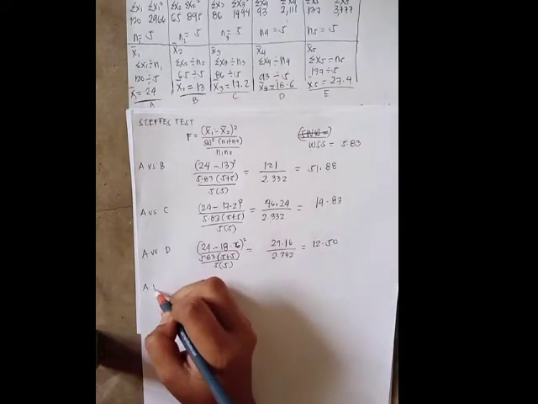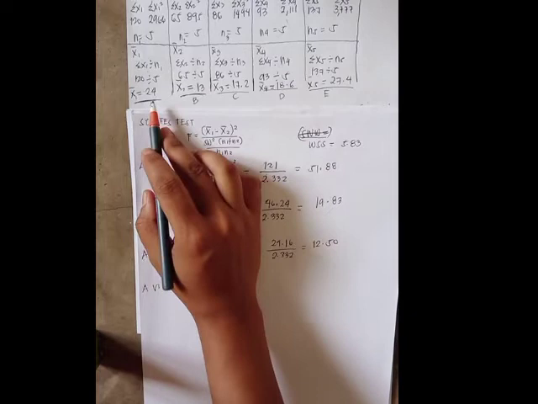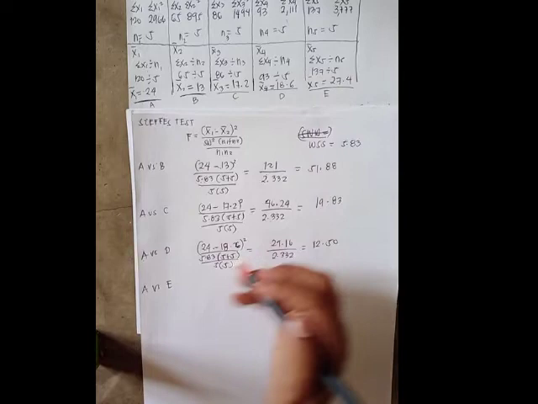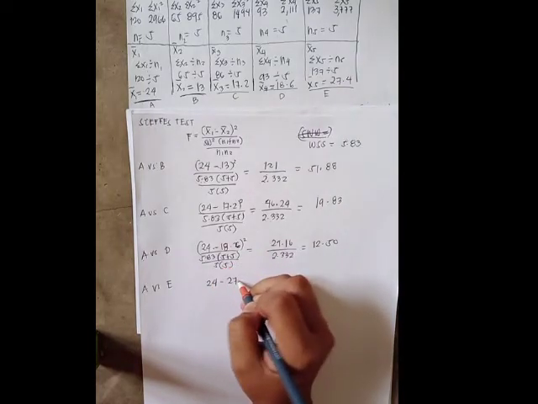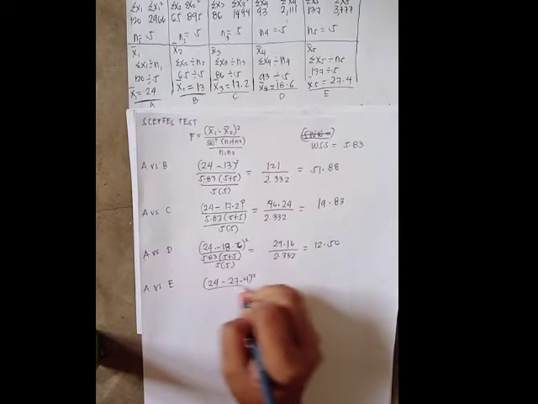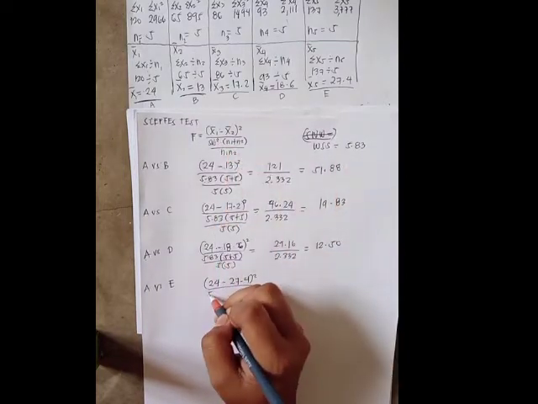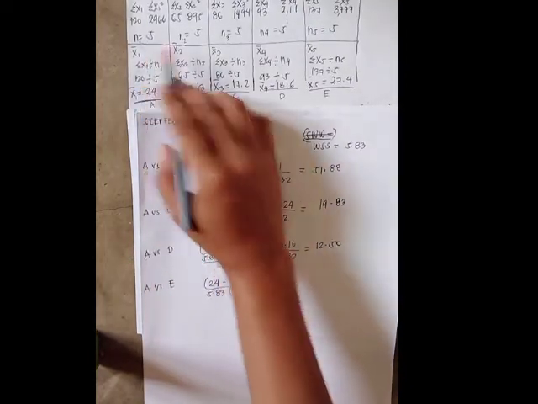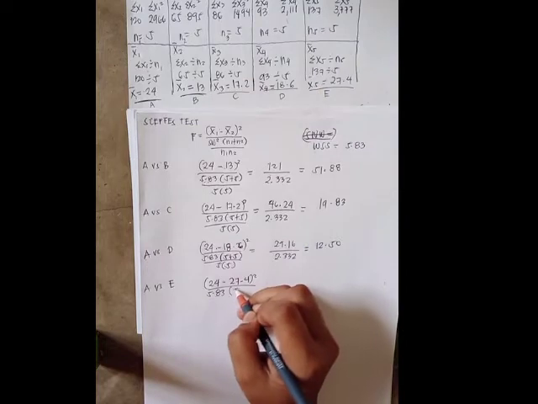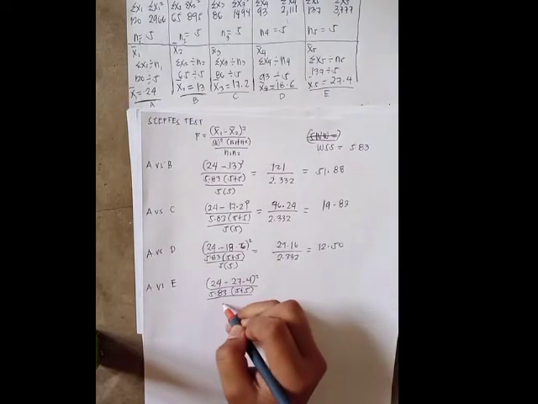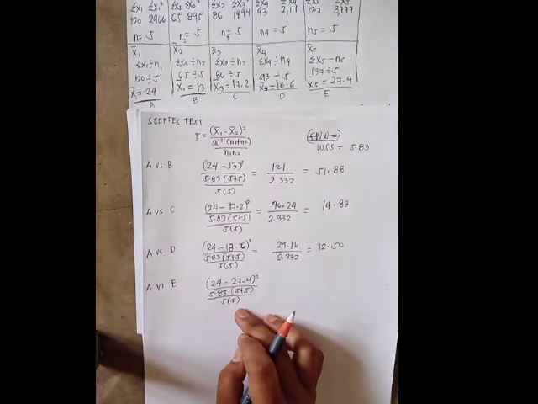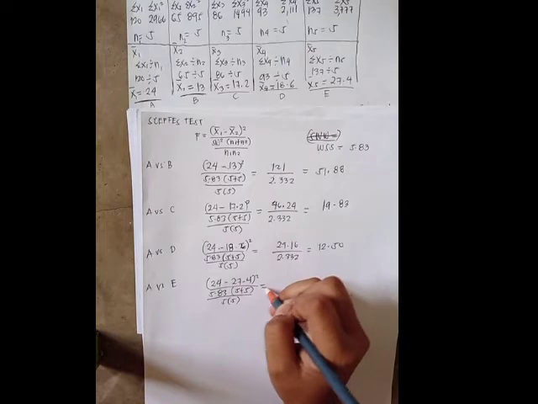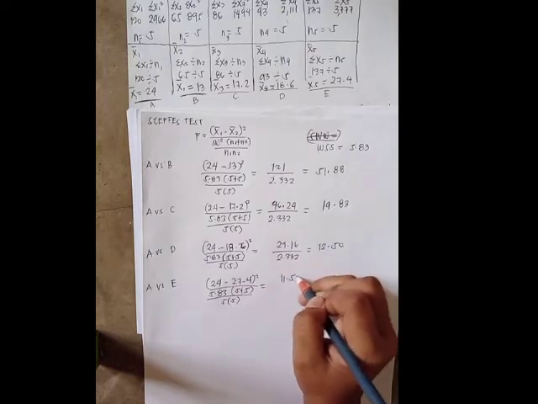So A versus E. Our A mean is 24, our E mean is 27.4. So 24 minus 27.4 squared, divided by our within sum square of 5.83, times our AN, which is 5, plus EN, which is 5, divided by 5 times 5. 24 minus 27.4 squared is 11.56.